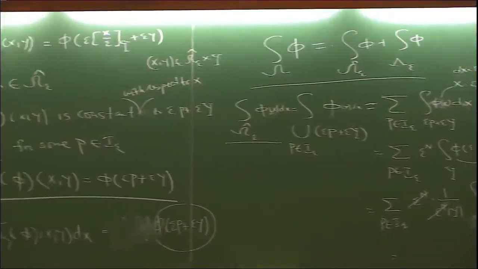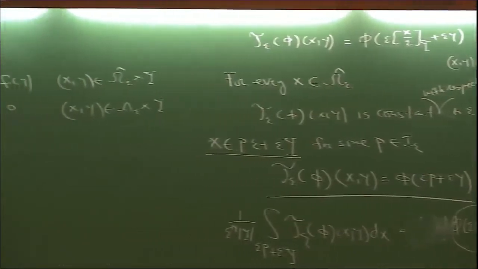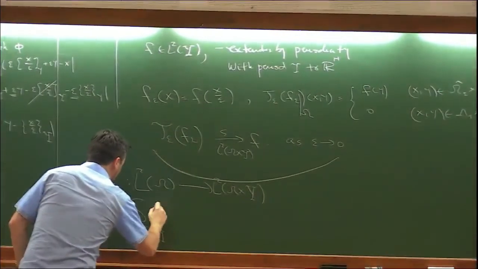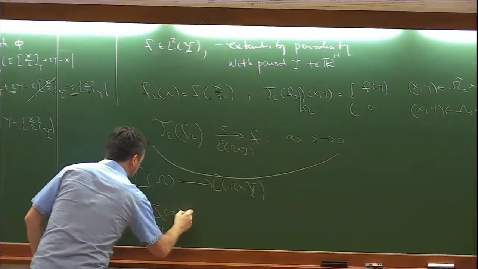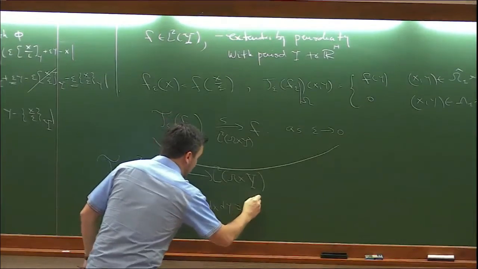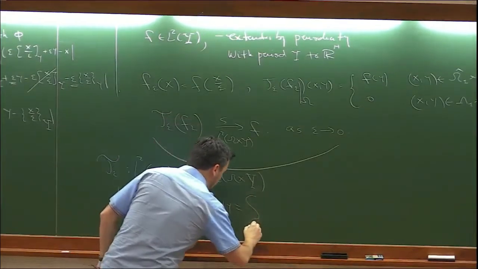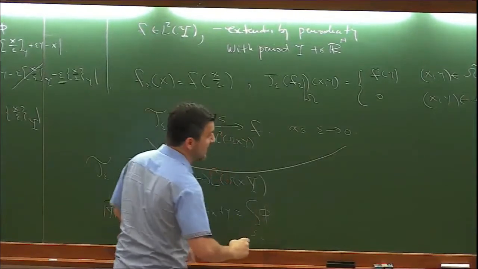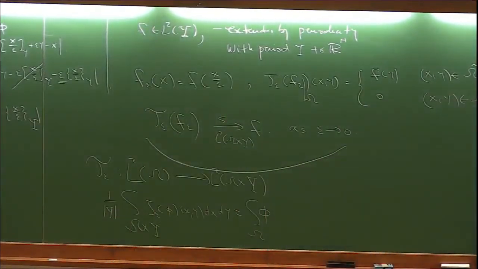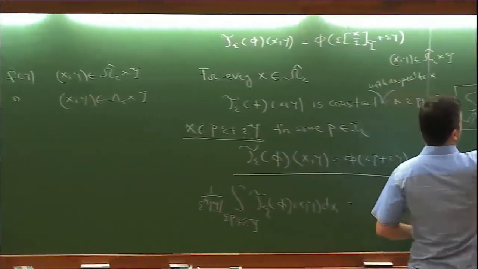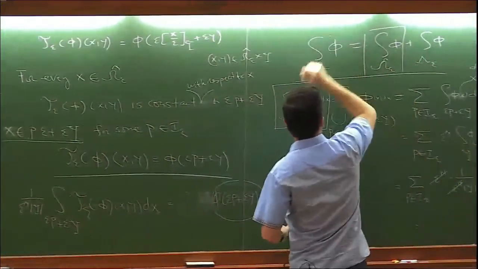So the result I would like you to keep in mind, the fundamental result, is that when we integrate T epsilon of phi, we have, of course, the integral on omega of phi. Basically, what we saw is that the integral of T epsilon was the integral on the interior set, but the integral on the interior set is the integral on omega minus this.